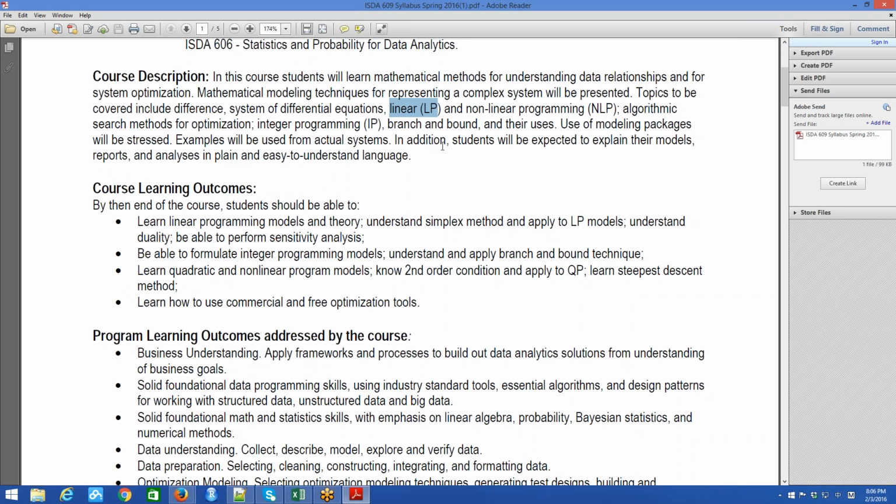If the objective function is linear and all the constraints are linear, then we call it linear programming. We will go into much more depth in class, and here I just want to give you a brief introduction.